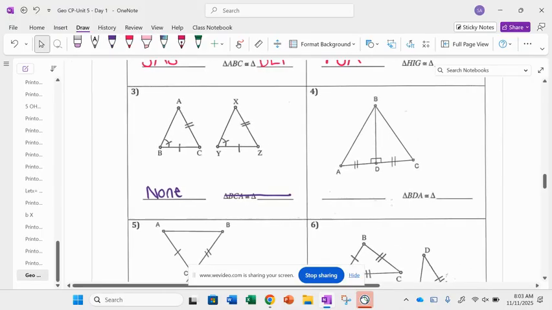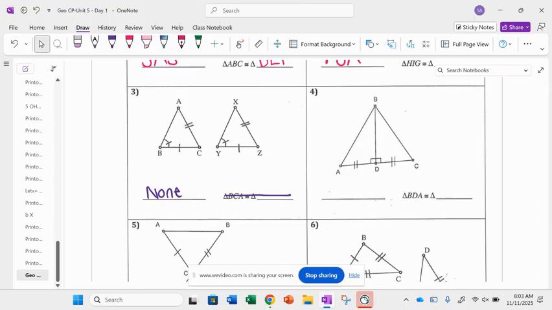All right, number 4. Do you guys see how we have a side, AD and DC, and then we have the right angle? Well, isn't BD the same side in both triangles? And isn't anything congruent to itself? So that's actually the reflexive property. Any segment is congruent to itself, and we're using it in a different way.